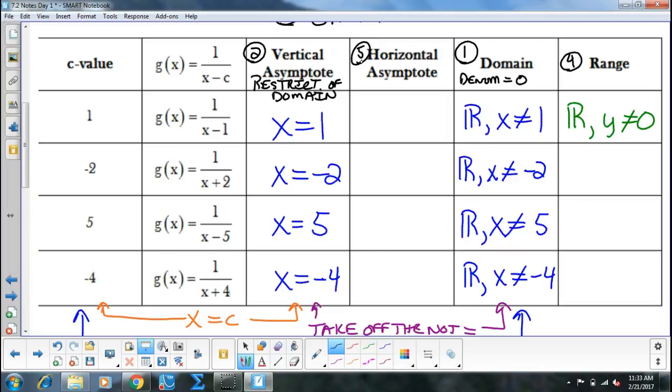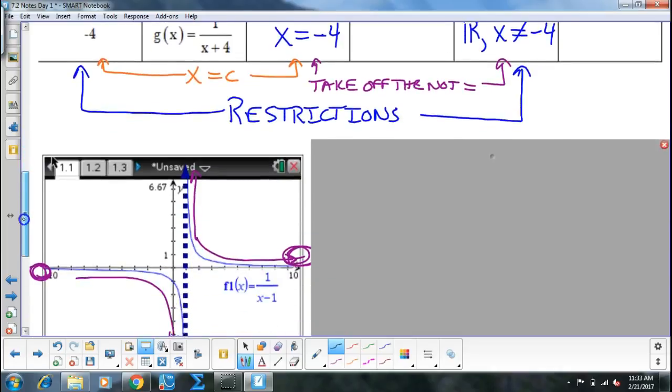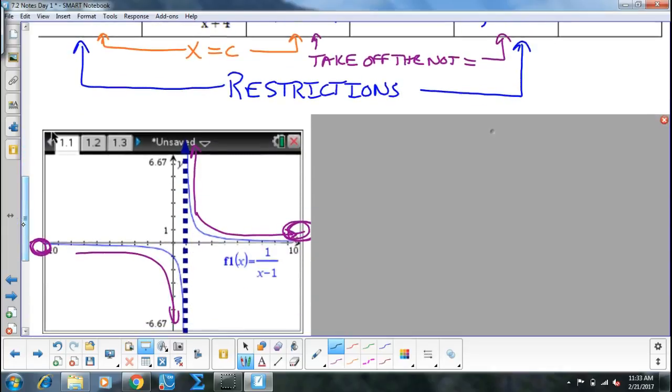Okay? So, how do I find my horizontal asymptotes? Talked about this the last 2 days also. How do we find our horizontal asymptotes? It's the end behavior.